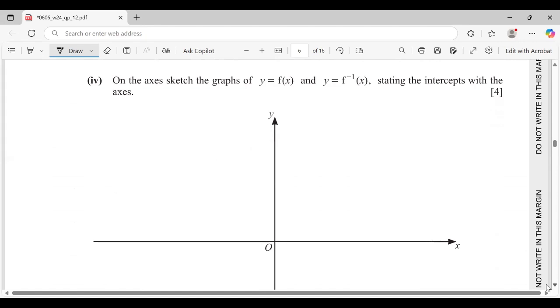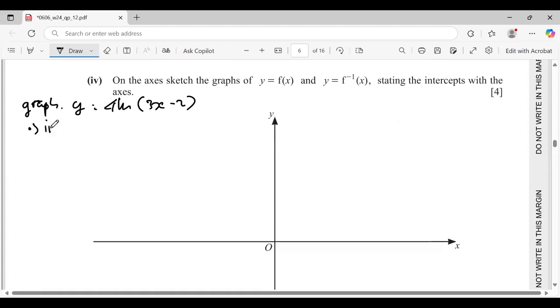On the axis, sketch the graph of y = f(x) and f inverse, stating the intercept with the x-axis. Okay, so I would like to sketch first the graph of y = 4 ln(3x - 2).